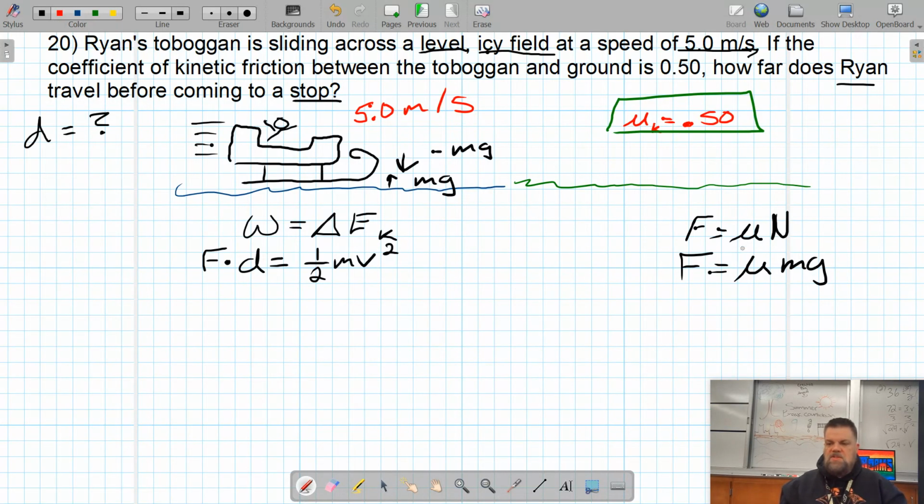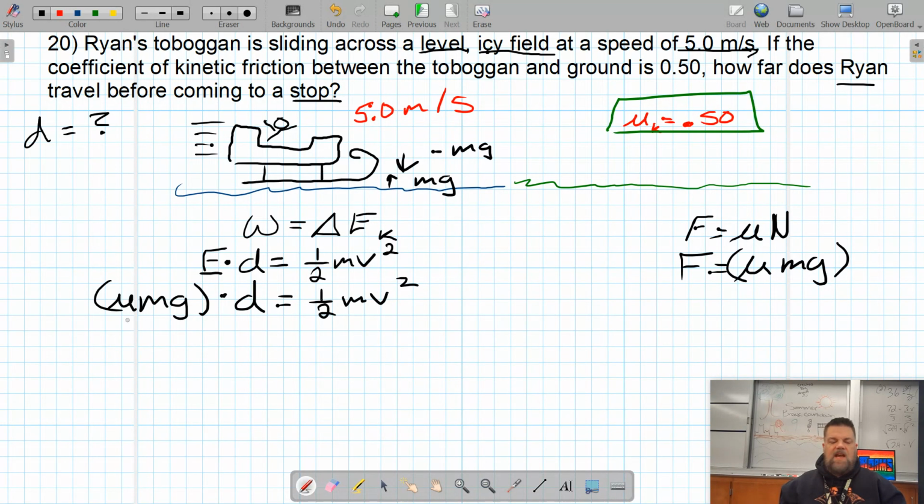So what I'm going to do is take this whole thing and plug it in for the force. So I have the coefficient times m times g times the distance, and that has to equal 1/2 times the mass times the velocity squared. And then I've got to think about this for a second.